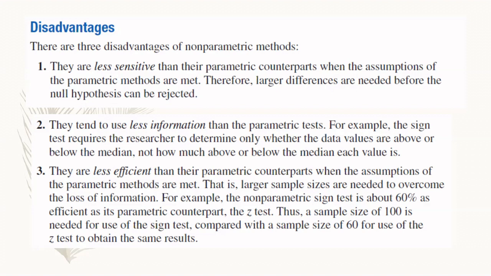Ang less efficient, ibig sabihin kung hindi natin ma-meet yung assumptions ng parametric, less efficient siya. Why? Because mas malaki dapat na sample size ang kukunin natin sa non-par para makadetect tayo ng difference compared sa parametric.